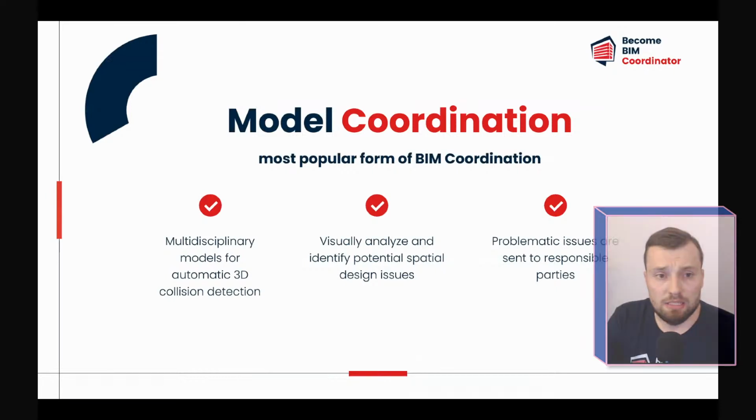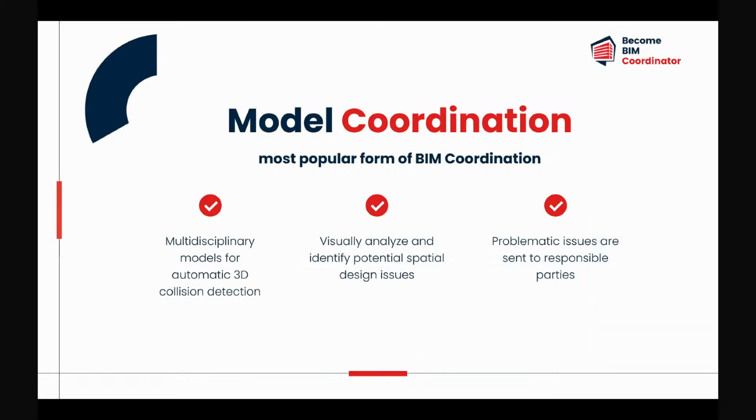So, the first is model coordination. It's a key part of a BIM coordinator's role, because it involves the use of software to create federated models from various trades and then detect clashes and identify design issues, okay? What's more, the process starts first from collecting the required models and setting up rules and tests that are going to check the model, and of course, these rule tests can be tailored to specific elements, systems, or areas, okay?